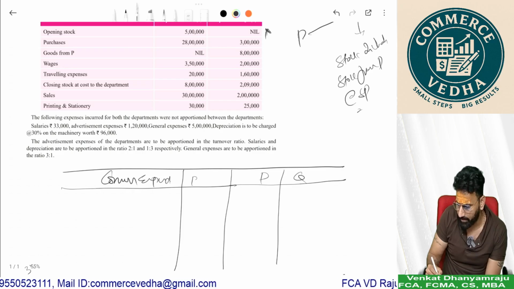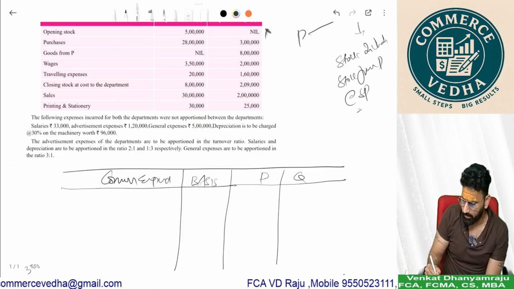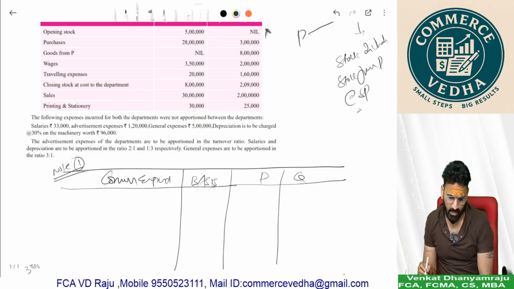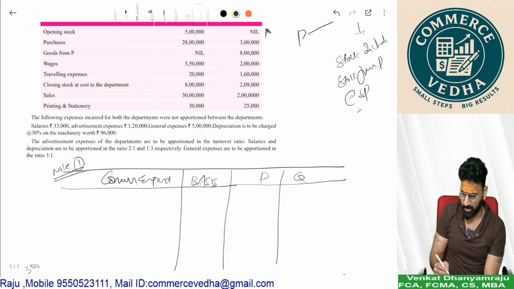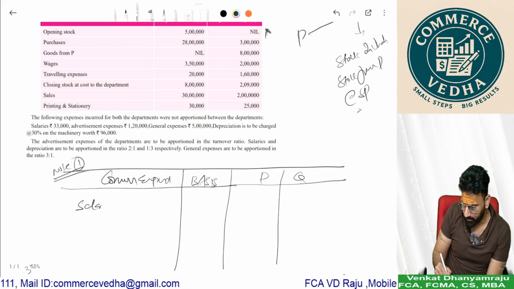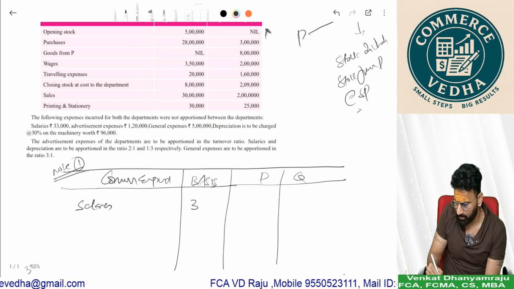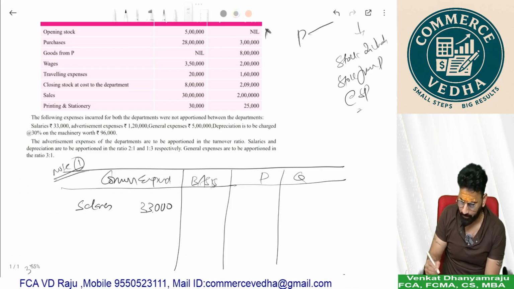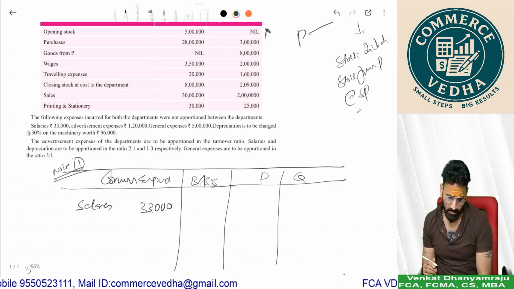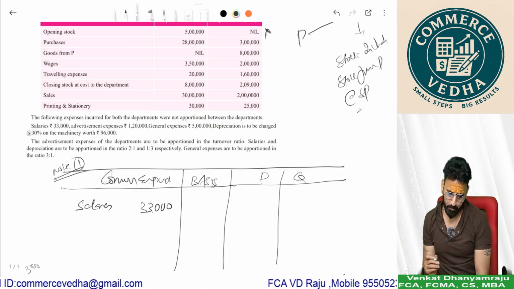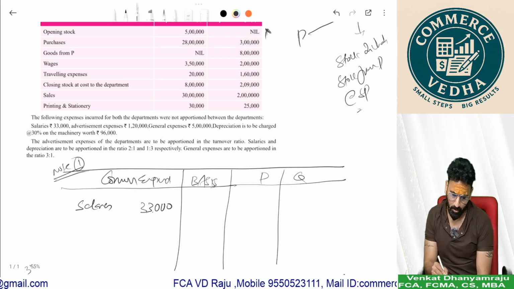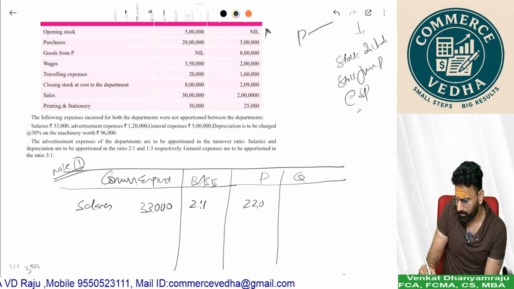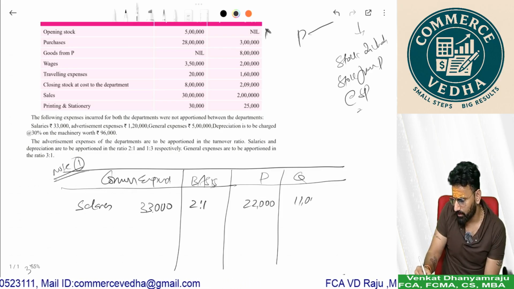And here we'll write the basis. This is your working note number 1. So common expenditure, what are the common expenditure? Salaries, which is 33,000. Salaries are 2:1. So 22,000, 11,000.